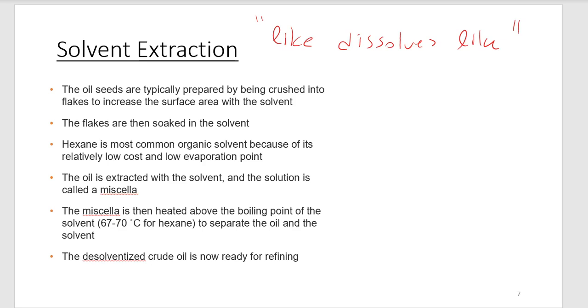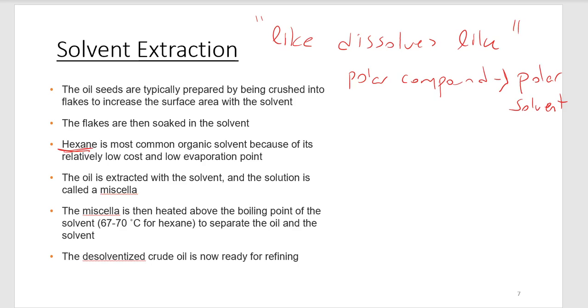Means that if you have a polar compound, you need a polar solvent. For oils, the most common solvent used in industry is hexane. It's an organic solvent. It has relatively low cost and low evaporation point.